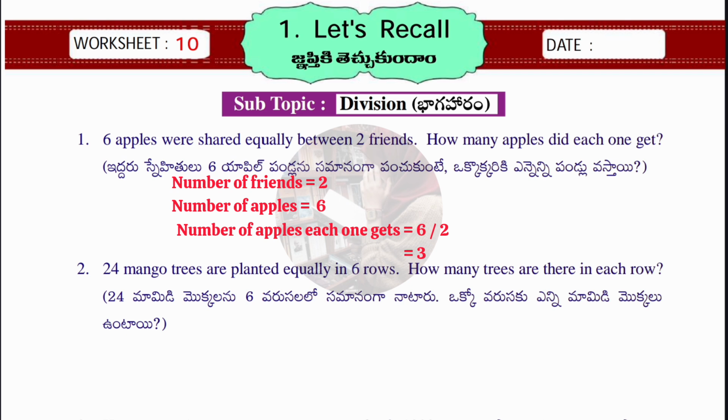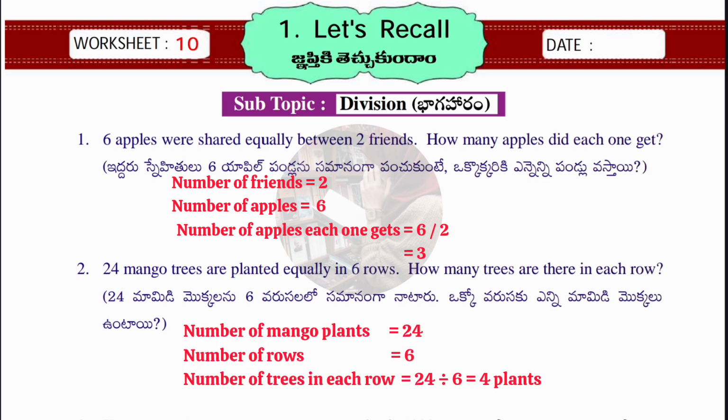You have to tell. So, write it down. Number of mango trees is 24. Number of rows are 6. Therefore, total number of trees in each row is 24 divided by 6, that equals 4. Means there are 4 mango trees in each row. 6 4s are 24. Understood, guys?